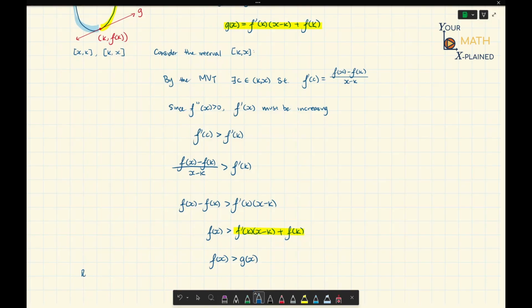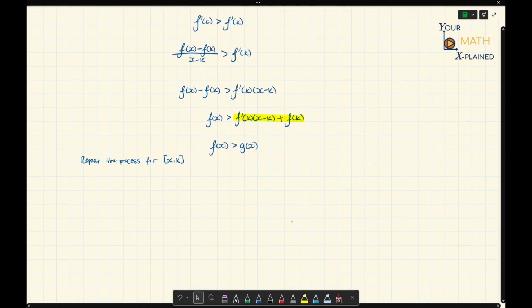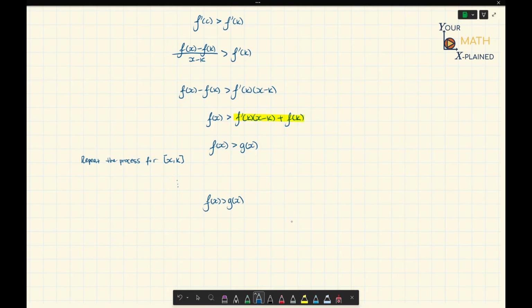And then we just need to repeat the process for the other interval, which is from x to k, which we're not going to go through because it's very similar. And once you do that, you're going to get that f of x is also greater than g of x for that interval.